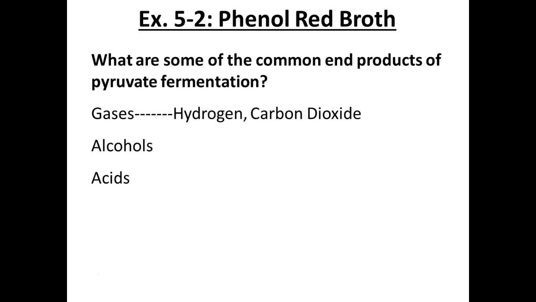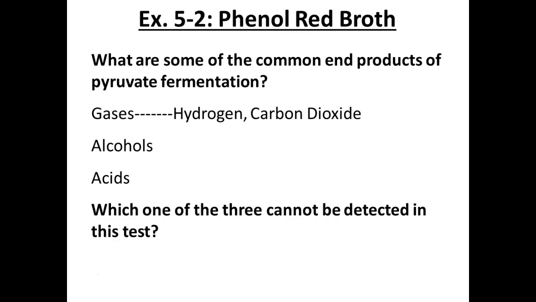You just know it's gas. But it could be one or both of these gases. Which one of these cannot be detected by this test? Alcohols. We can tell if acid is produced, and we can also tell if gas, right? This is actually the only test we run where we can detect gas production from fermentation because of that little tube inside that we call the Durham tube that traps that gas.